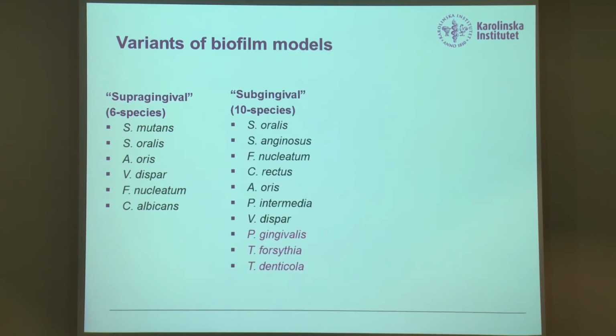We have the subgingival model, consists of 10 bacterial species that can be grown anaerobically. And among those are the 3 so-called red complex species that have been considered to be, since the 90s, perhaps more than any other species associated with periodontal disease. But we know nowadays that these are important players, but the picture is even more complex than that.